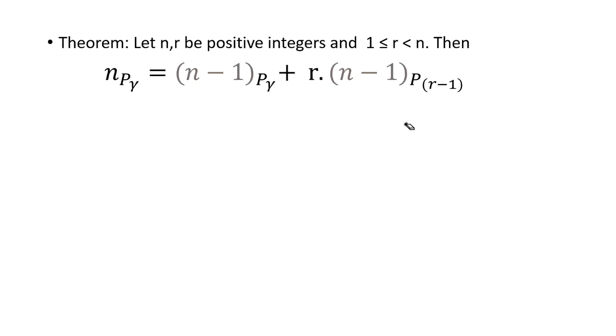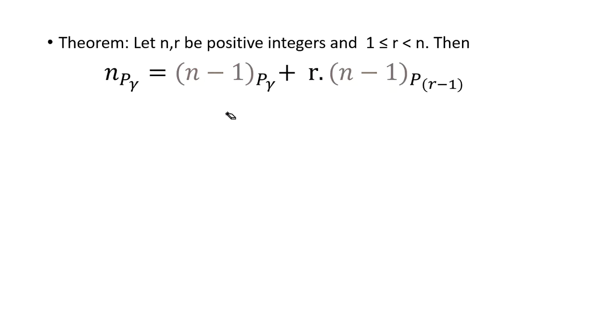If you know how to read each and every term in this expression, we can answer this immediately. nPr stands for the number of permutations of n distinct objects taken r at a time. And just now we have seen that r times (n minus 1)P(r minus 1) stands for the number of permutations of n distinct objects taken r at a time which always contain a particular element.